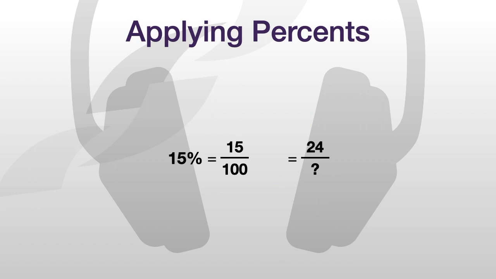We can divide both 15 and 100 by 5. The numerator, 3, is now a factor of 24. Multiplying 3 by 8 gets us the 24 we're looking for. Multiplying 20 by 8 gets us the original price, $160.